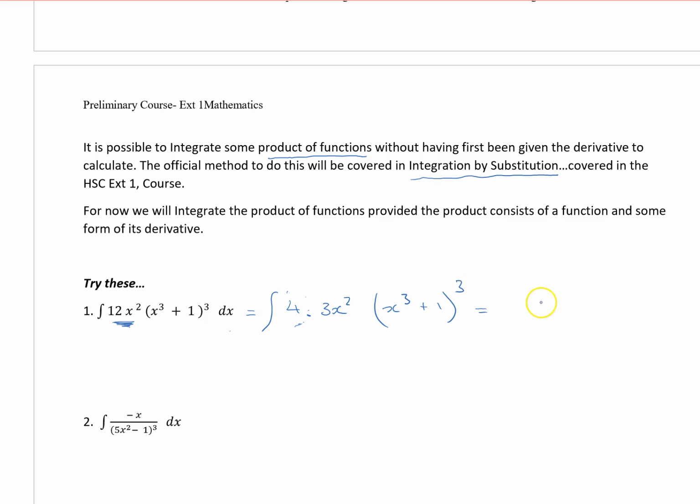So we go through almost our integration process where we go x cubed plus 1 to the power, add 1 to the index, normally divide by that new index. If we divide by that new index, the 4 would cancel out.